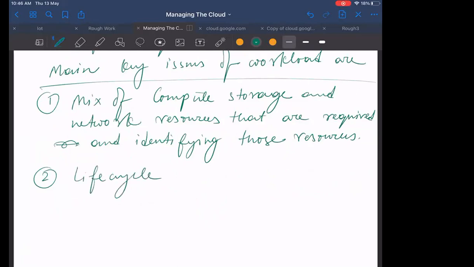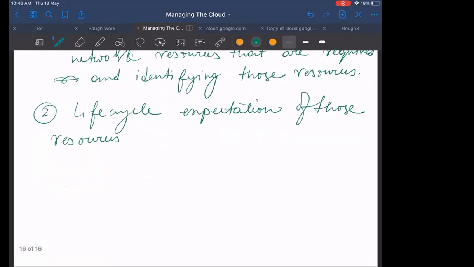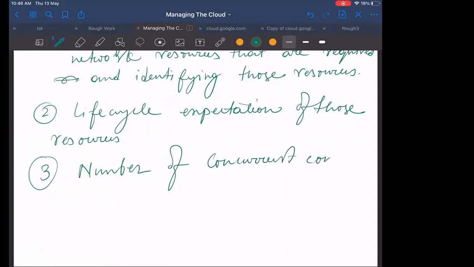Next is the lifecycle expectations of those resources. Next is the number of concurrent connections, and duration of connection in case of network connectivity.